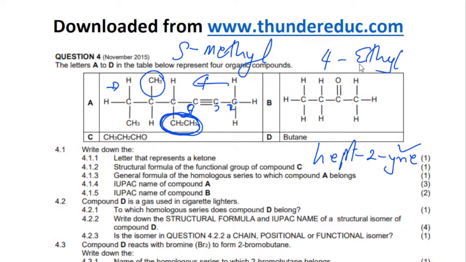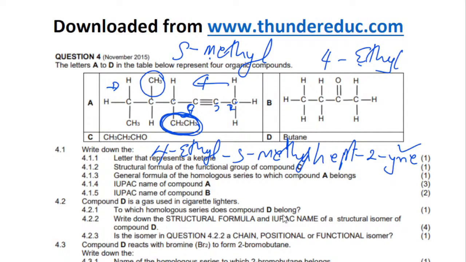I have to look at this, and I look for which one is first in the alphabetical order. I don't change the numbers. I only start writing with the one which starts first in alphabetical order. So now if I have this E and M, I will find out that it is E which is first. Therefore, I'm going to say 4-ethyl, dash 5-methyl, dash heptyne.